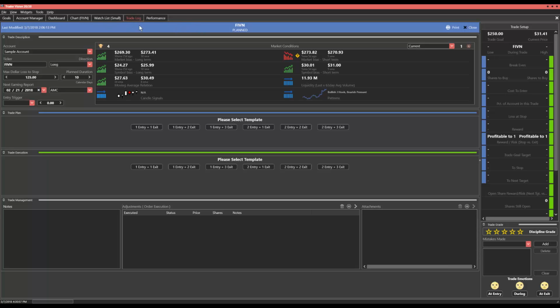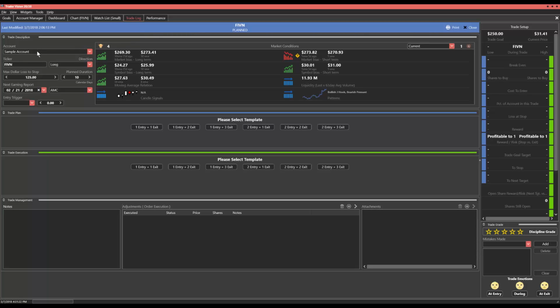It has to show at least trade log. But that's because I've got all the widgets open. You can close these widgets. You can open multiple copies. So for example, if I wanted to have multiple copies of trade log open so I can have multiple trades open at the same time to compare them, I could do that. And that may be the difference of what you're looking at. I'll look at that in a moment.